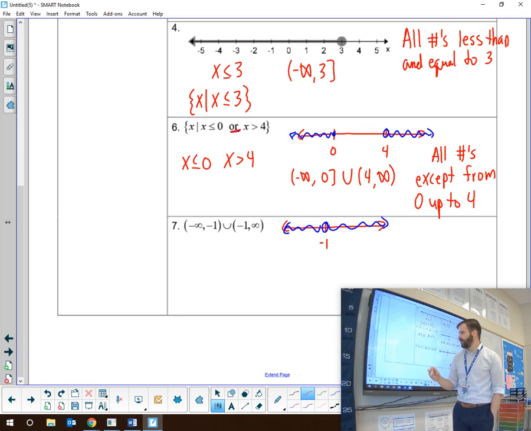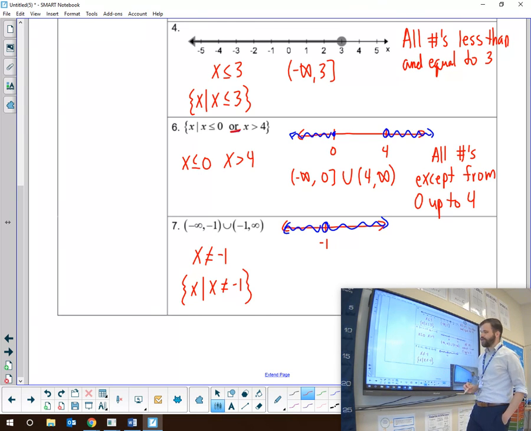To write this as an inequality, I can just write x does not equal negative 1. And I can also write that in set notation: the set of x such that x cannot equal negative 1. Could I have written out the long way, everything less than negative 1, everything greater than negative 1?